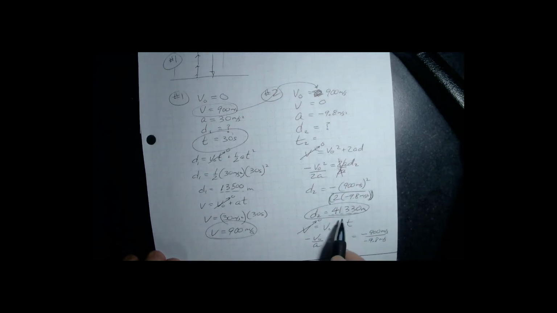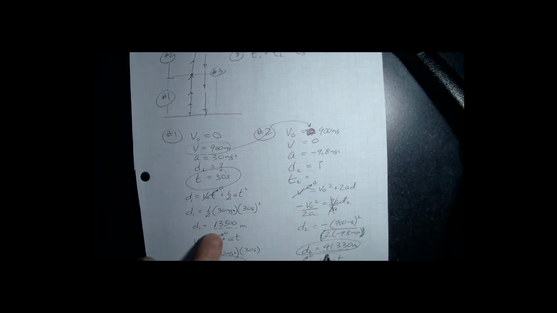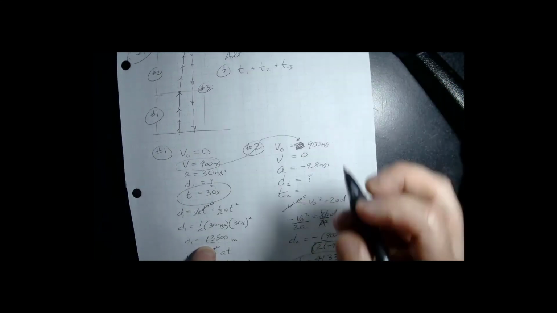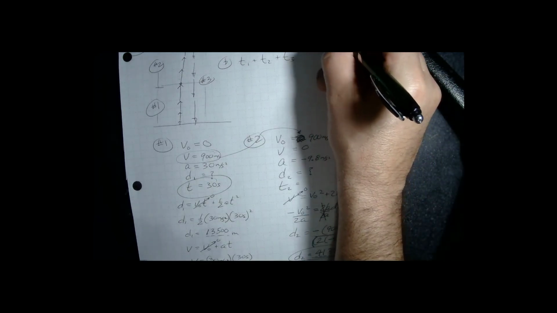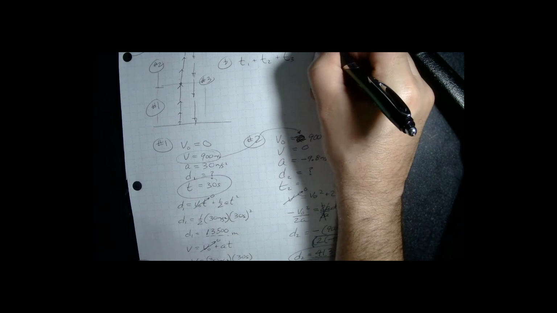for a total of, what's that total come out to? It's going to be those two, 54,000 and 830. I'll just round it to 54,800 meters.